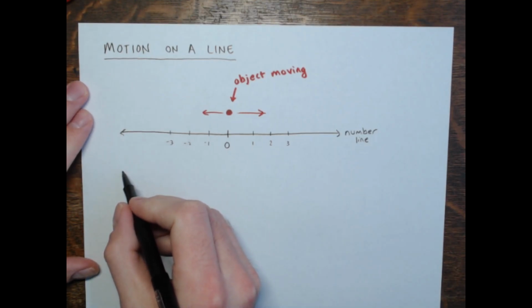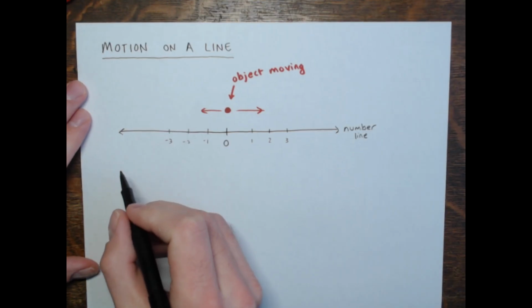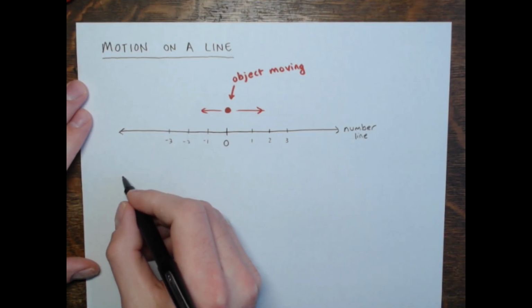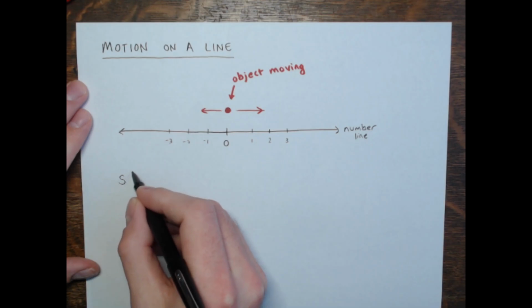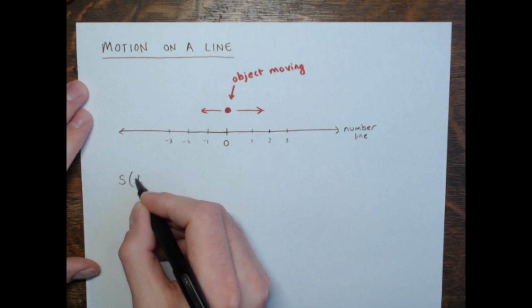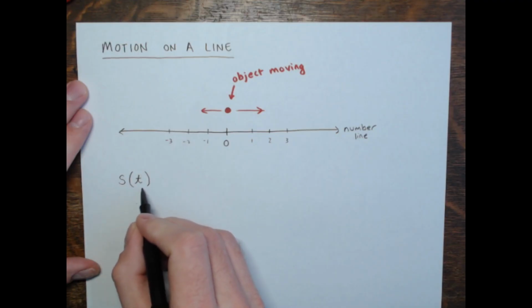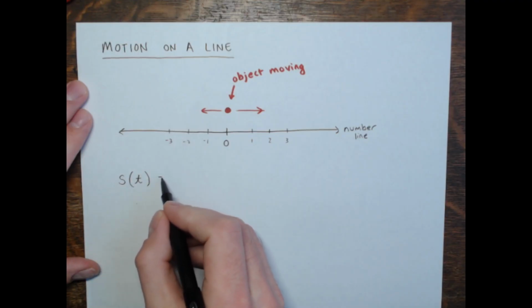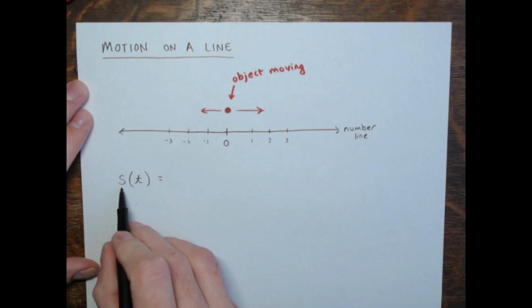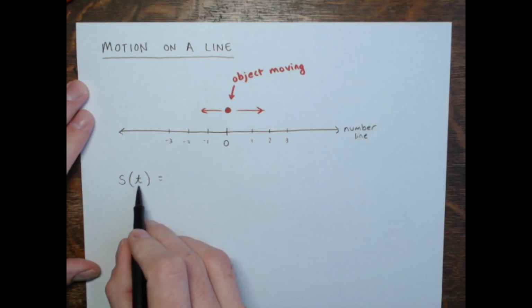So the major functions that are going to come up in these problems. You'll see a function referred to as s of t. So s will represent the position of this object at time t.